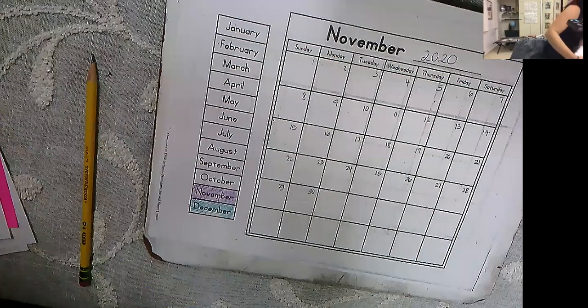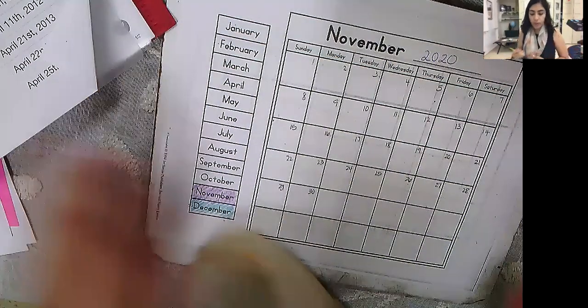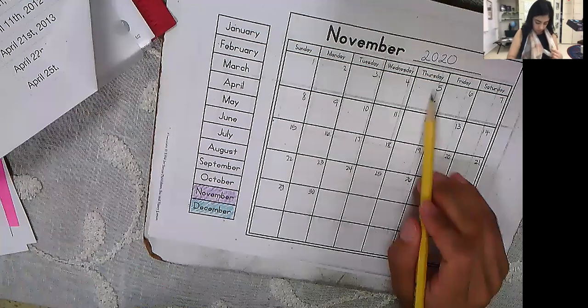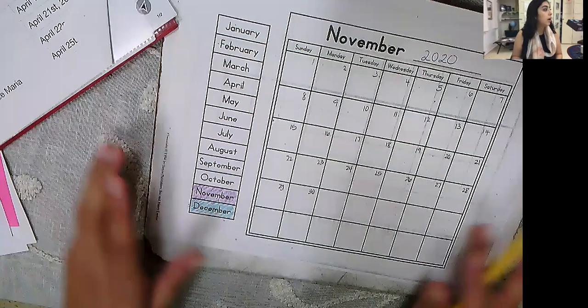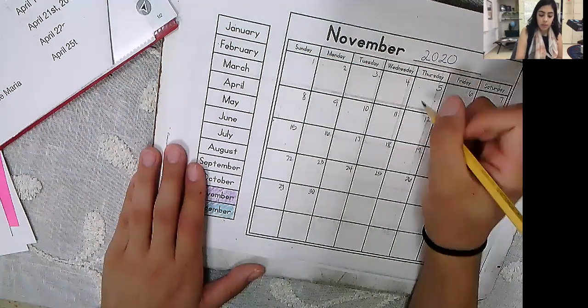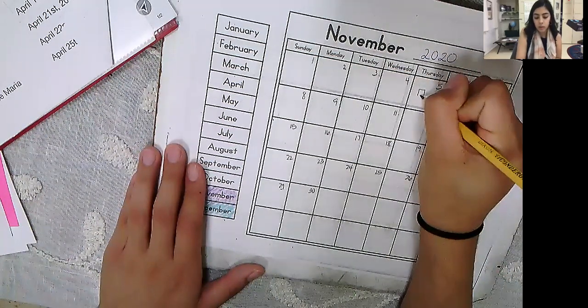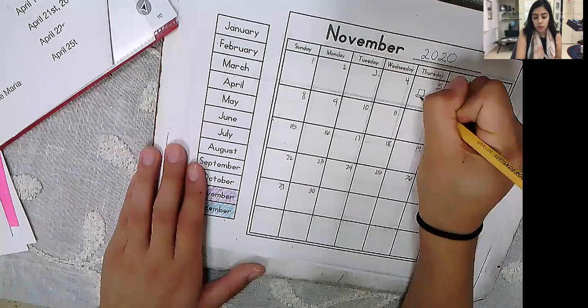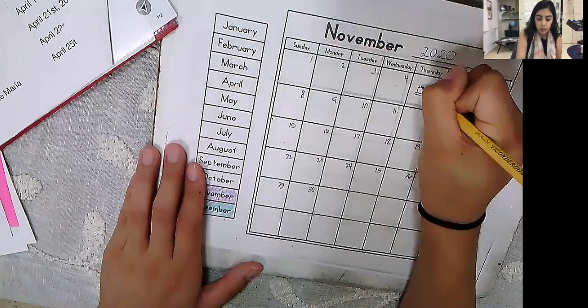Okay, boys and girls. November 5th, just coming right up on Thursday, we have a birthday. It's Jameson's birthday, so how about we put a birthday cake? Maybe we can draw a box and then a circle underneath, and then some candles.